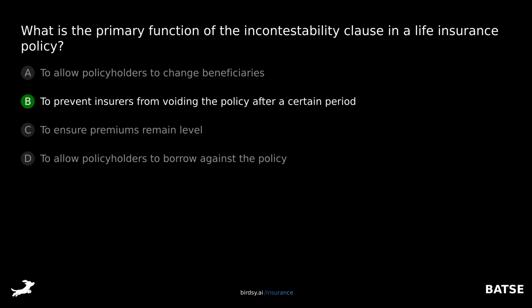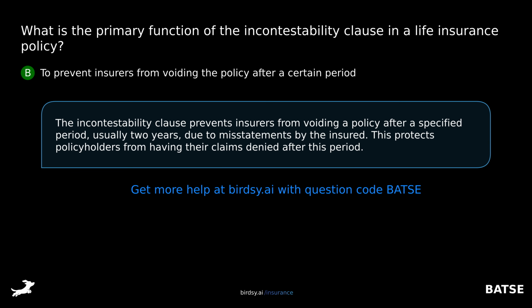The answer is B. to prevent insurers from voiding the policy after a certain period. The incontestability clause prevents insurers from voiding a policy after a specified period, usually 2 years, due to misstatements by the insured. This protects policyholders from having their claims denied after this period.